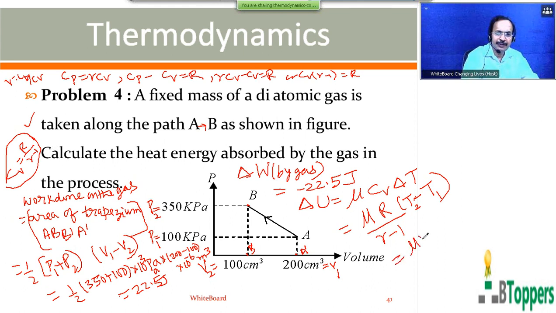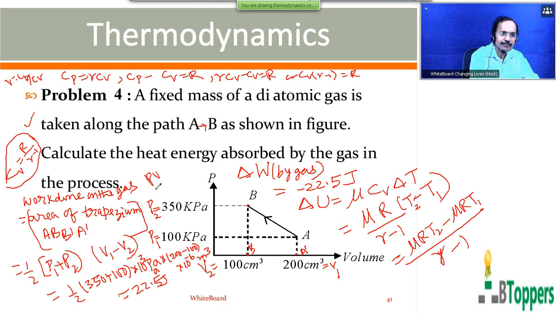So nu R T2, from the perfect gas equation in the final state. From the perfect gas equation, you can write PV equal to nu RT. If you apply the perfect gas equation in the initial state, P1V1 is nu RT1.